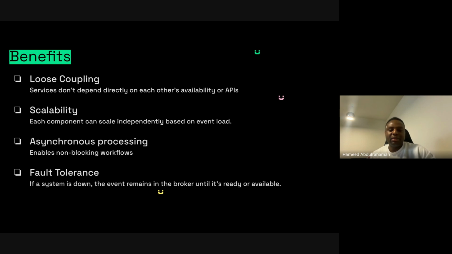But when the scheme finds out that this transaction is successful and that the beneficiary has been credited, then I get an event that the transaction has been delivered. So these are very helpful cases of asynchronous processing, which we get from event-driven architecture today.